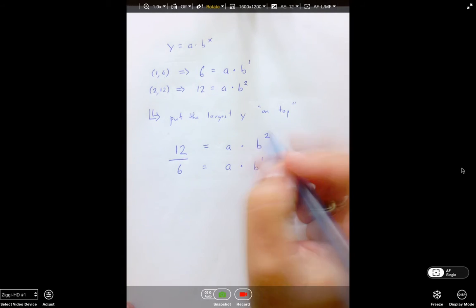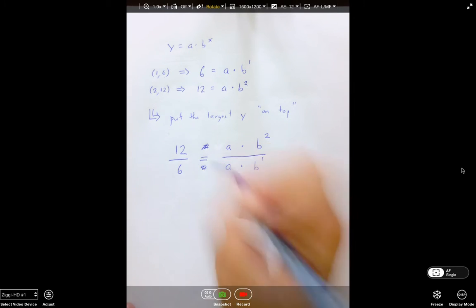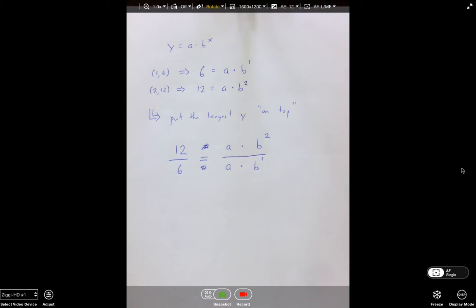Now I'm going to turn these into fractions and divide my left side by my right side. Can I do that? Absolutely. If 2 things are equal, I can multiply the sides, add the sides, or divide the sides as long as one of the sides isn't equal to 0. Can't divide by 0. So as long as a times b is not equal to 0, I can do this.